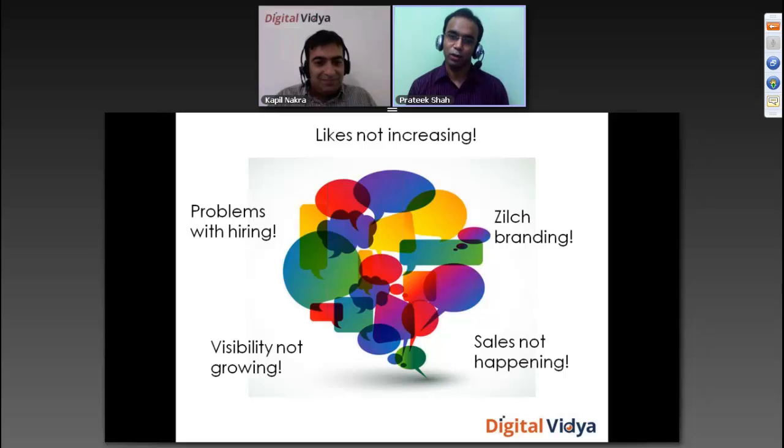I think this is the most important function for most organizations. Eventually, they want their social media marketing efforts to result in sales. Visibility is not growing; you're not able to reach out to too many people. And then hiring, as we all understand by now, is a very important function of social media, not just in terms of what one does on LinkedIn, but in other ways as well. So these are some of the problems that people usually face. Let's look at how some companies and individuals have been able to address them.